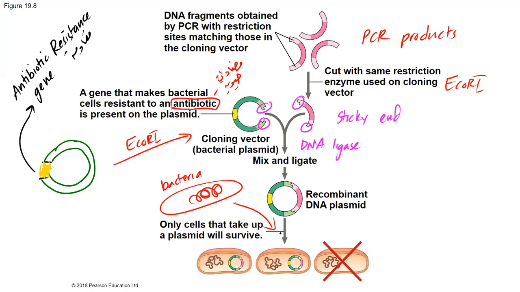So here we have to add antibiotic. The antibiotic resistance gene is called ABCR. ABC stands for antibiotic. This is just my abbreviation.